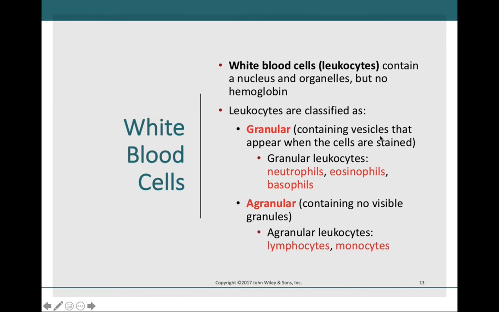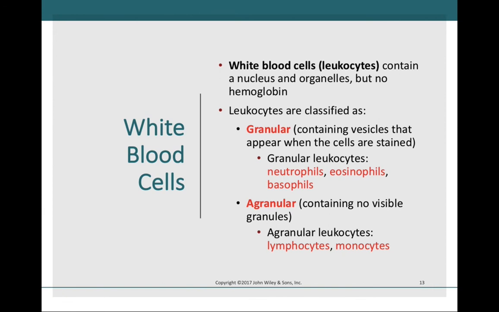You can see that they refer to these vesicles that get stained when put under the microscope. So these cells contain those. This would have been one of the first ways we had to identify cells, based upon the way they looked under the microscope. So the granular leukocytes, or the granulocytes, are the neutrophils, eosinophils, and basophils. And the agranulocytes, which do not contain any cytoplasmic granules, are the lymphocytes and the monocytes.